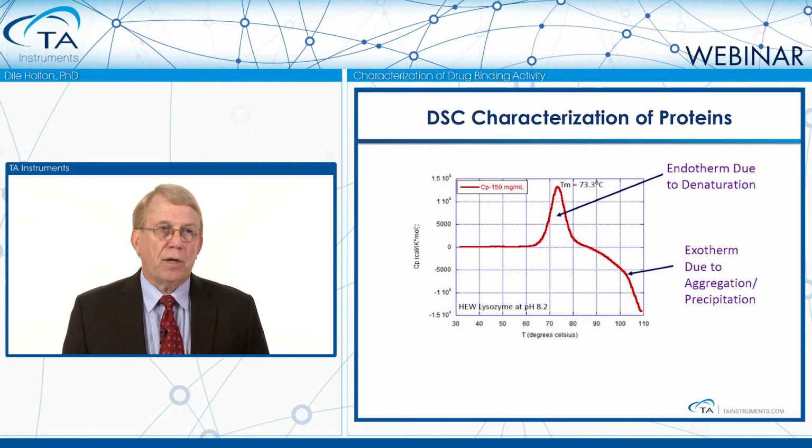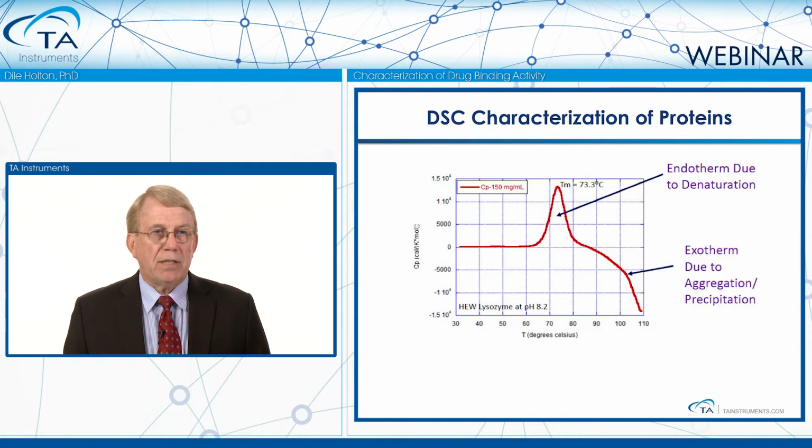So what do we do with characterization of proteins? Well, typically, if you look at a differential scanning calorimetric analysis of something as simple as lysozyme, and this is lysozyme at 150 milligrams per mil, you get a transition and a TM at about 73.3, and that's classic for this formulation of lysozyme at pH 8.2.